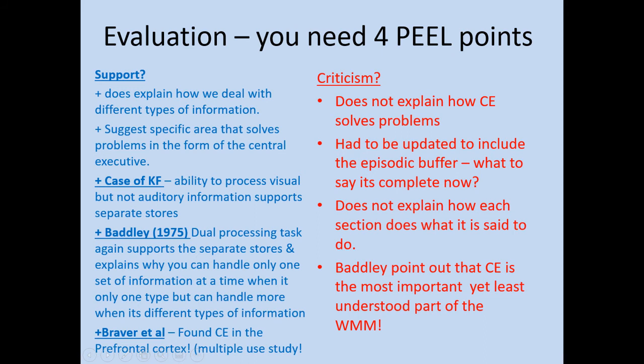Because we've got that separate visual spatial sketchpad and that separate phonological loop, we can argue that that's why KF is able to do one type of information processing but not the other, and therefore it supports the working memory model and rejects the multi-store model, which gives us that really nice benefit there.